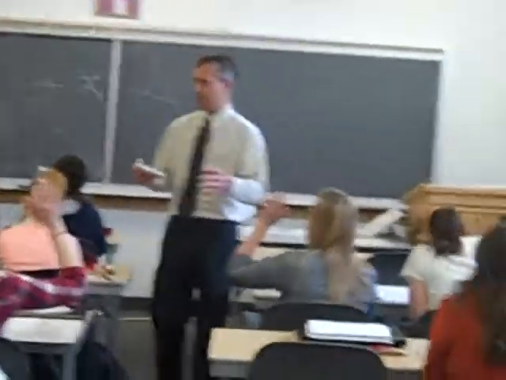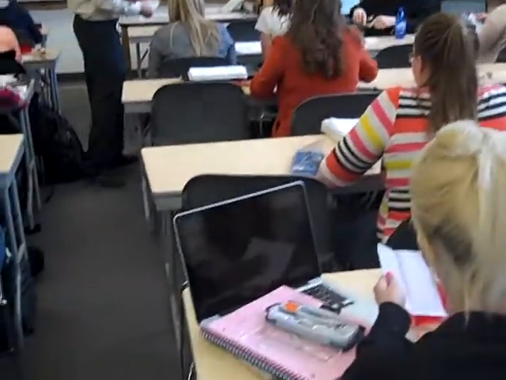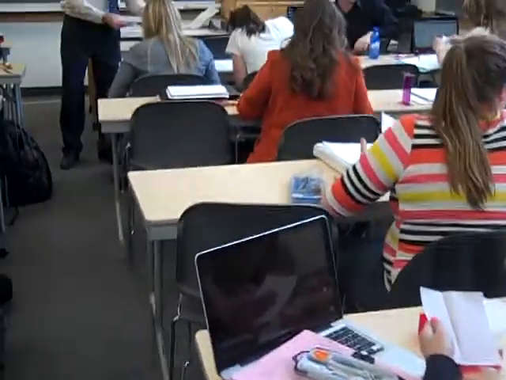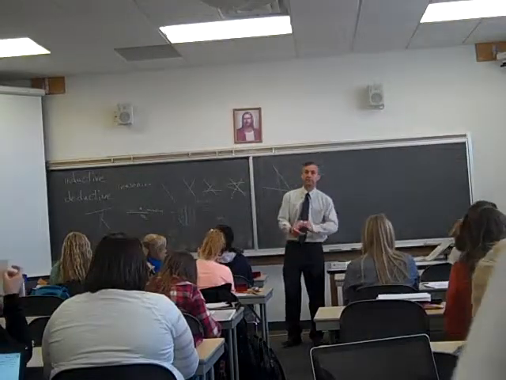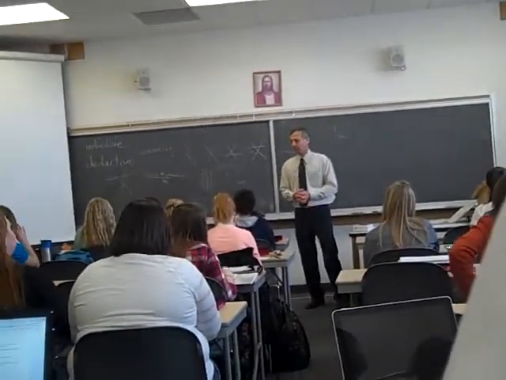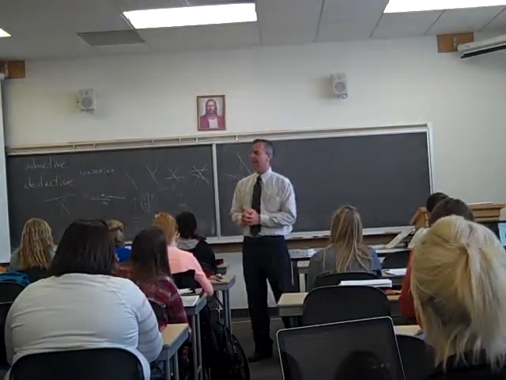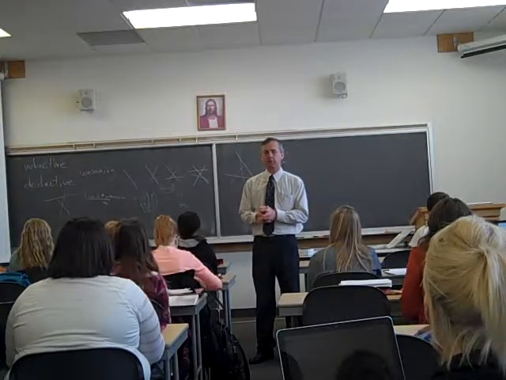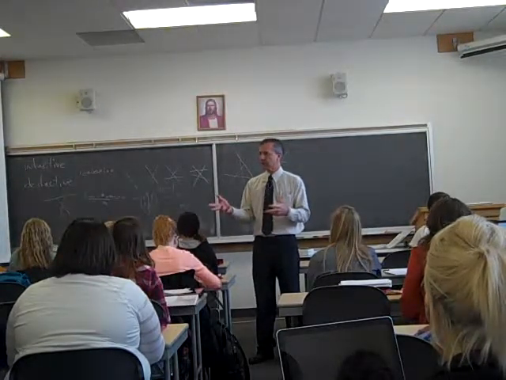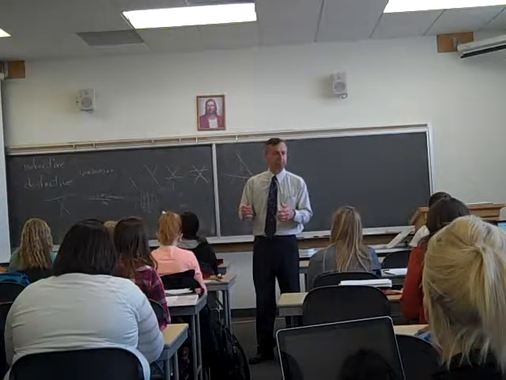Okay, it's coming along. I need somebody who couldn't figure it out on their own and took a hint from their neighbor. I'd like them to explain to us in their own words how to do it.